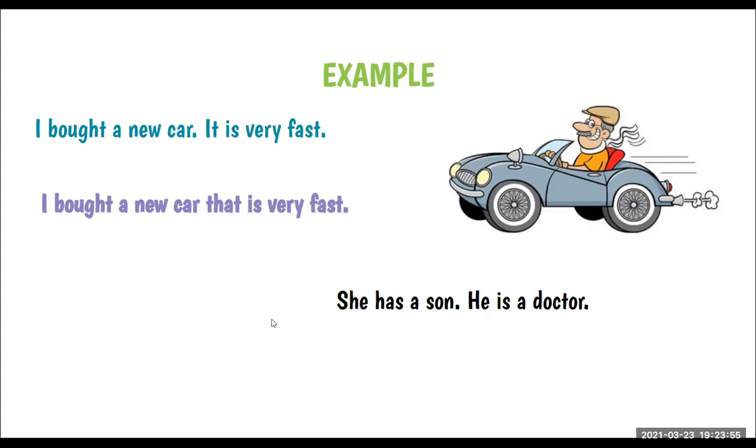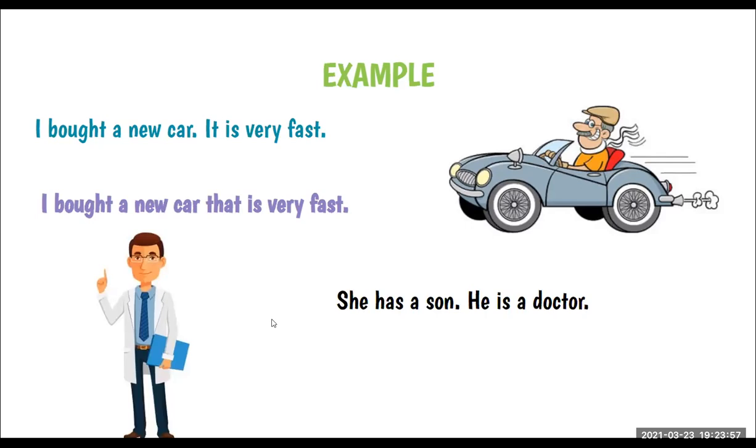Okay, so how can we join these two sentences? She has a son who is a doctor. She has a son who is a doctor, right? As you can see, we are using that to join the two sentences, and we are using who to join the two sentences. We are giving more information about the car, and we are giving more information about the son. Okay?